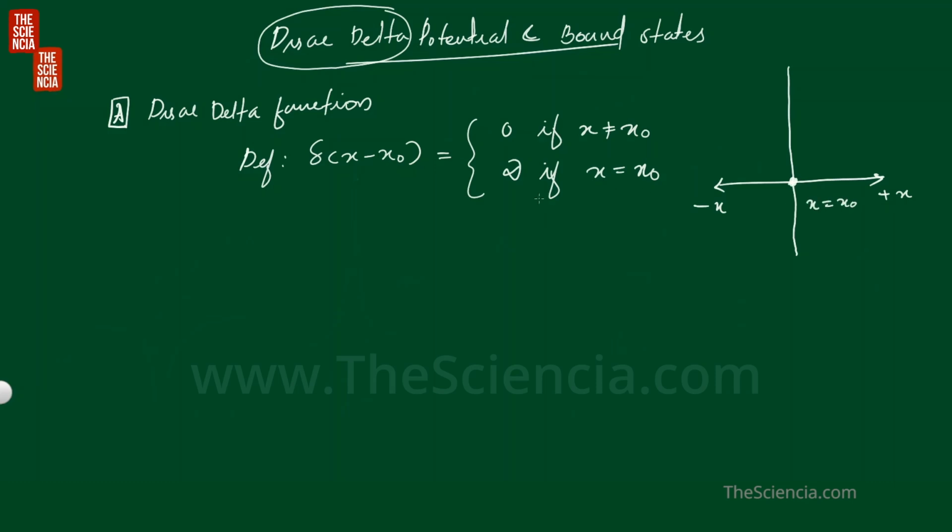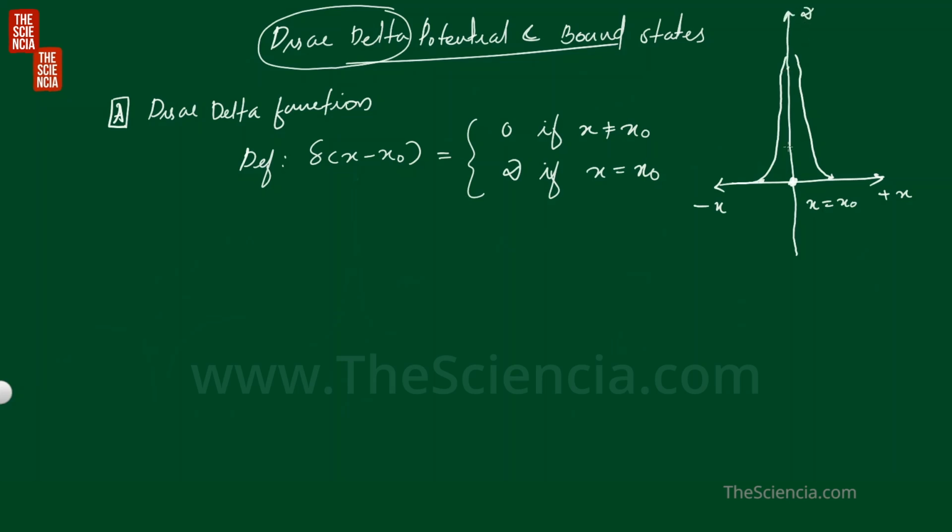Then the value of delta of x minus x0 is infinity, and beyond that region, anywhere on the positive x-axis or negative x-axis, its value is 0. It looks like a spike that goes up to infinity.